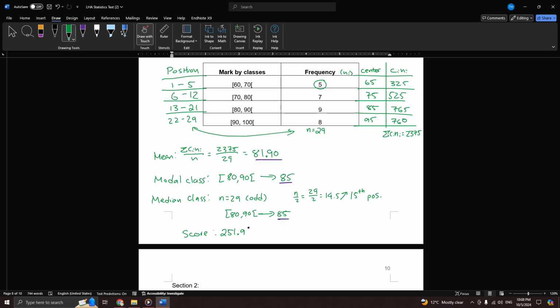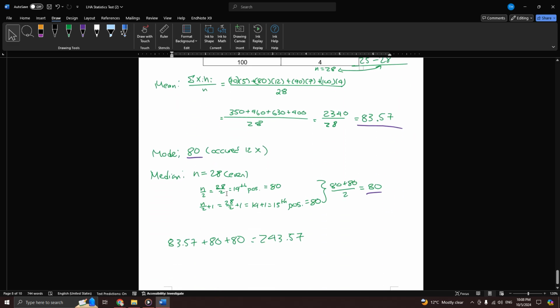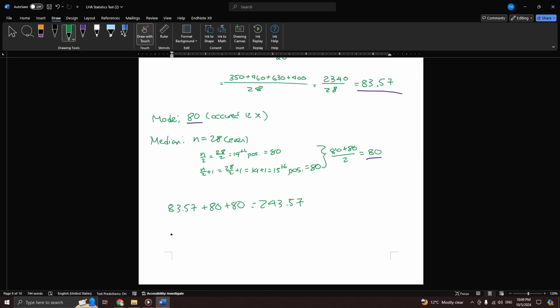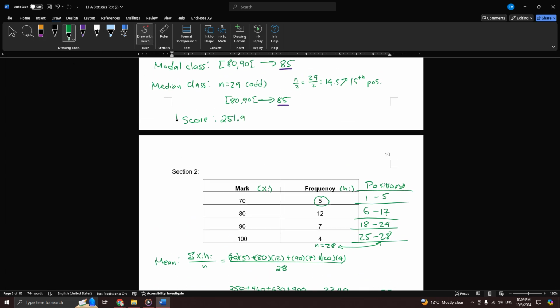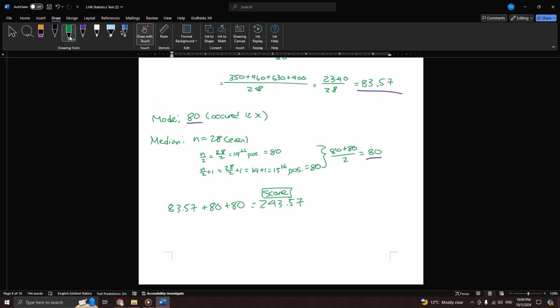And we got 251.9. So 251.9 is greater. So let me write here, this is my score for section 2 actually. Okay, that box disappeared for some reason. Anyway, 251.9 is bigger than 243.57, so section 1 wins.